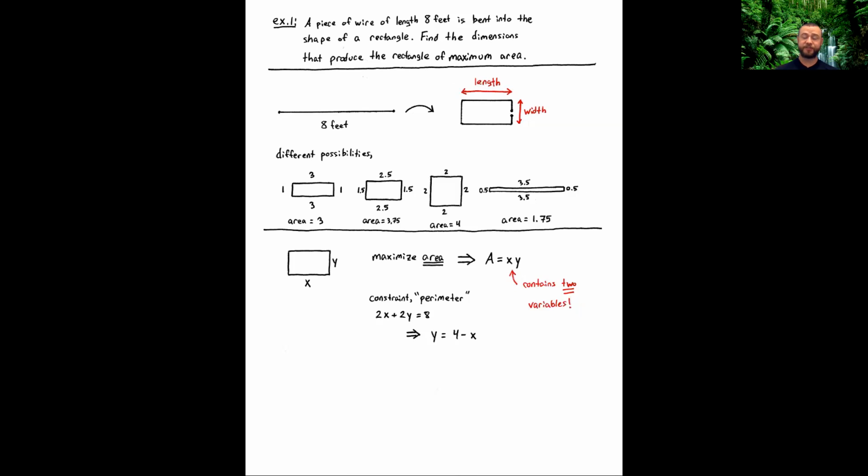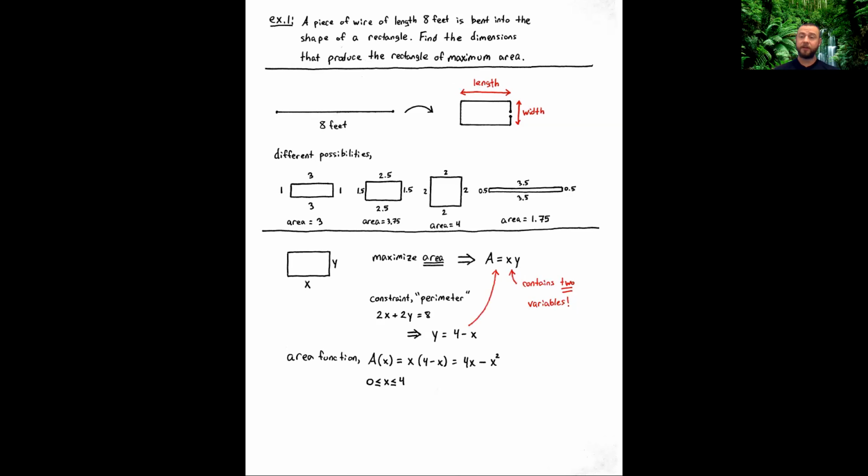How we use this is by plugging it back into our area formula to eliminate two variables down to one. If we replace y with 4 minus x, we get our area function. And notice I'm writing that in function notation, A, the area, as a function of the side length x, equals x times 4 minus x.